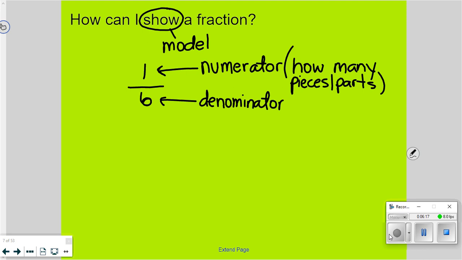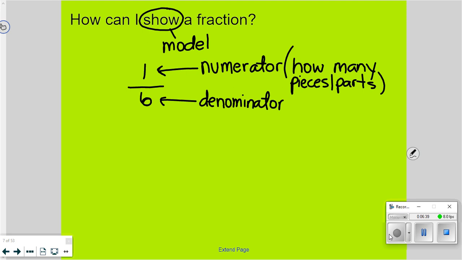Madison? How much the product or the total? You're on the right track, but we've got kind of the wrong words in there. Zach? How many things are in the group? Not in each group.